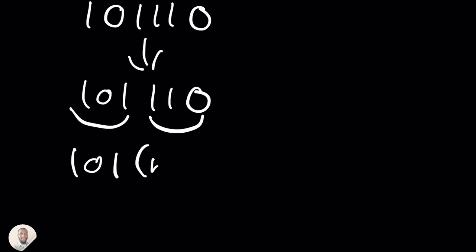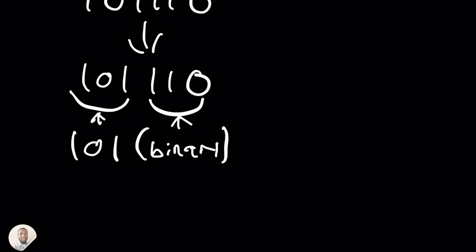Now let's analyze this. 101 is in what? Binary, the first set here. And the next set is 110, which is also in binary, or base 2.